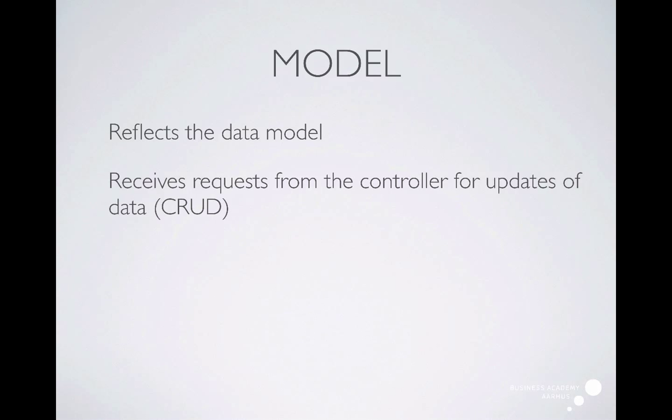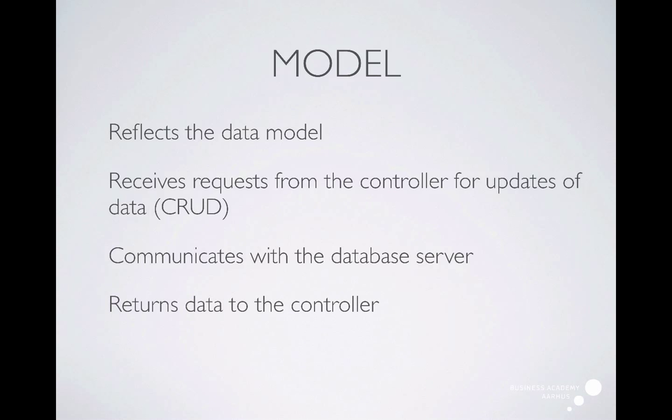So it receives requests from the controller and enables these updates in the CRUD: create, read, update, delete. And it communicates, of course, with the database server or where the data is located. And then it returns the updated data or the requested data to the controller.